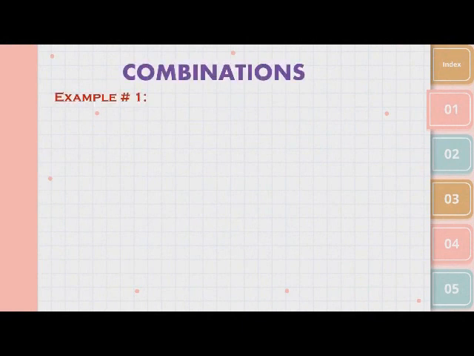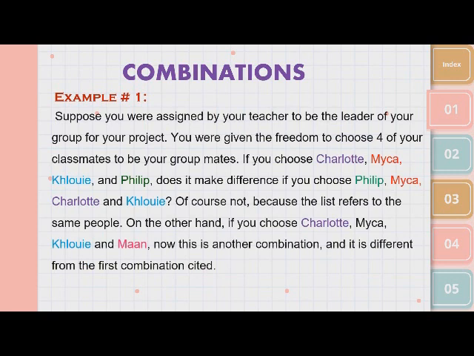Combinations, example 1. Suppose you were assigned by your teacher to be the leader of your group for your project. You were given the freedom to choose 4 of your classmates to be your group mates. If you choose Charlotte, Micah, Chloe, and Philip, does it make a difference if you choose Philip, Micah, Charlotte, and Chloe? Of course not, because the list refers to the same people.